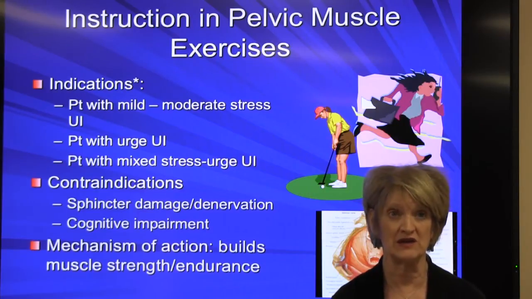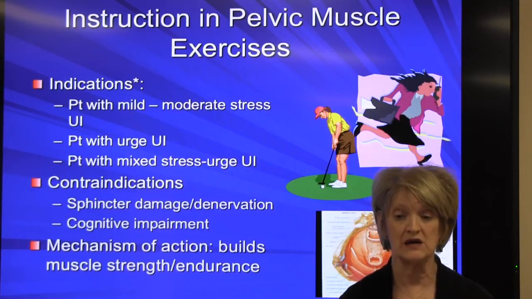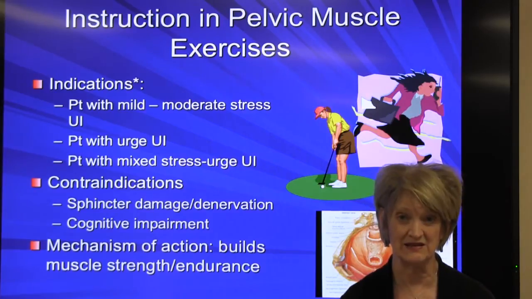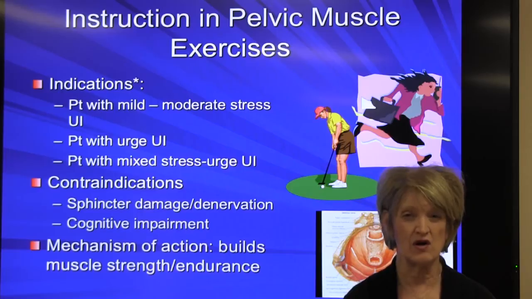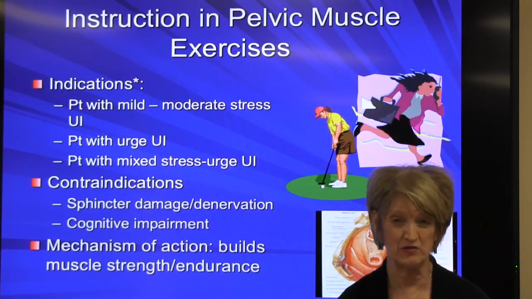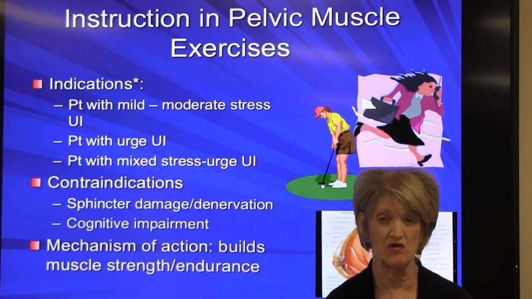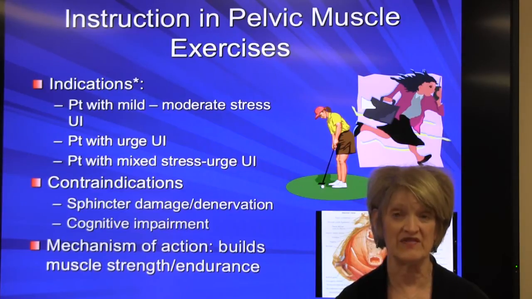Are there any contraindications? Yes, if you have a patient who has a very damaged or denervated sphincter, this is the patient who stands and leaks because they had an indwelling catheter for many, many months, or because they had repeated pelvic procedures that damaged the nerve pathways innervating the pelvic floor, pelvic muscle exercises will be ineffective.